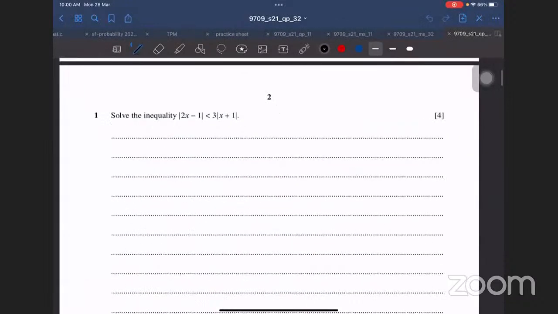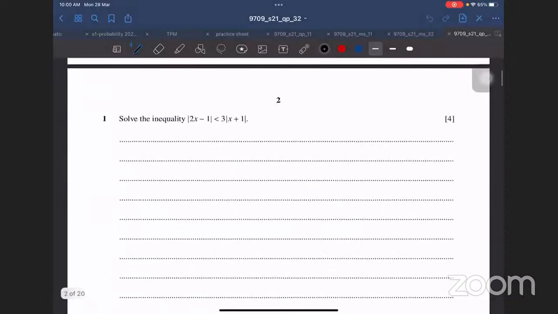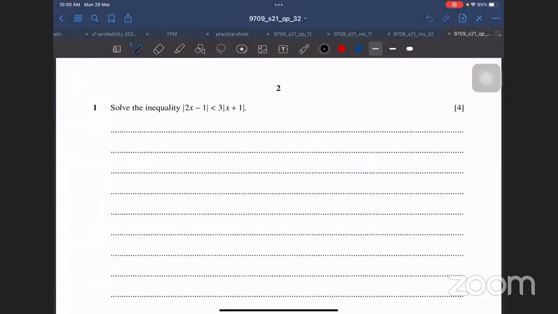Okay. The first question is on modulus inequalities. In order to solve this, you square both sides. That gets rid of the modulus. It's going to become 9 times (x plus 1) whole squared.